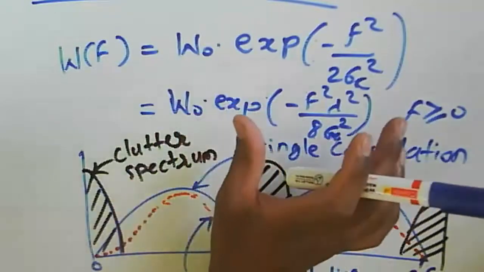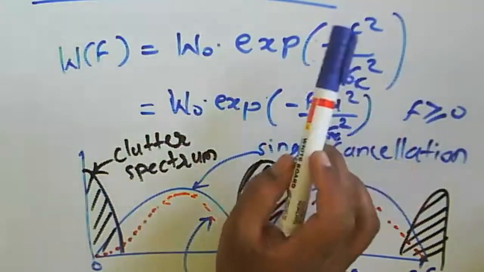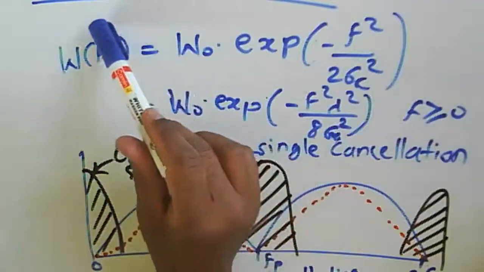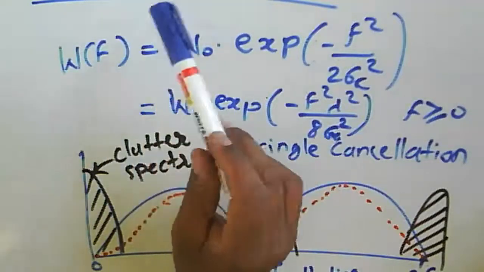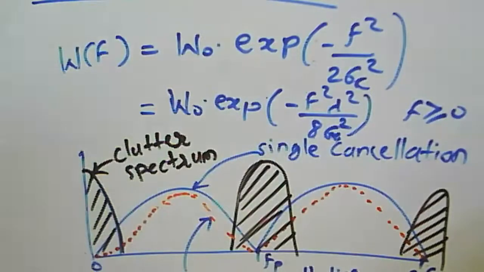Clutter attenuation is produced by a single delay line canceller. This will be with respect to W of f and the response H of f, the frequency response of the clutter attenuation.